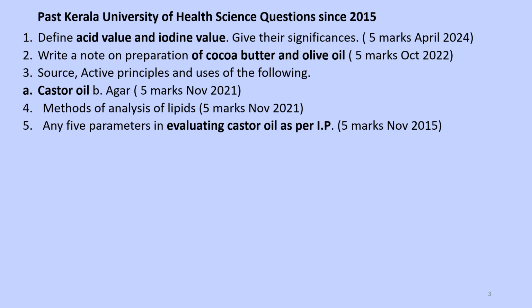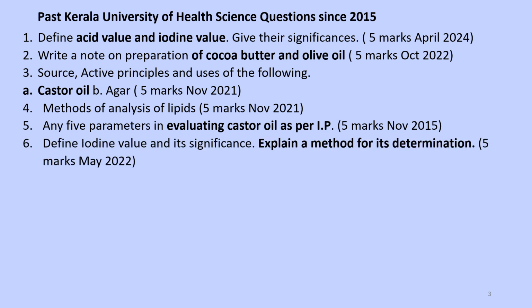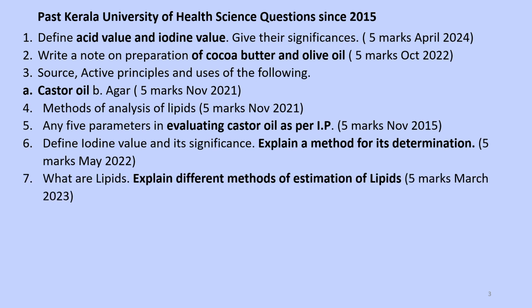Any 5 parameters in evaluation of castor oil as per IP, the Indian Pharmacopoeia, they have asked as a 5 mark question. Define iodine value and its significance. Explain a method for its determination, a 5 mark question in 2022.